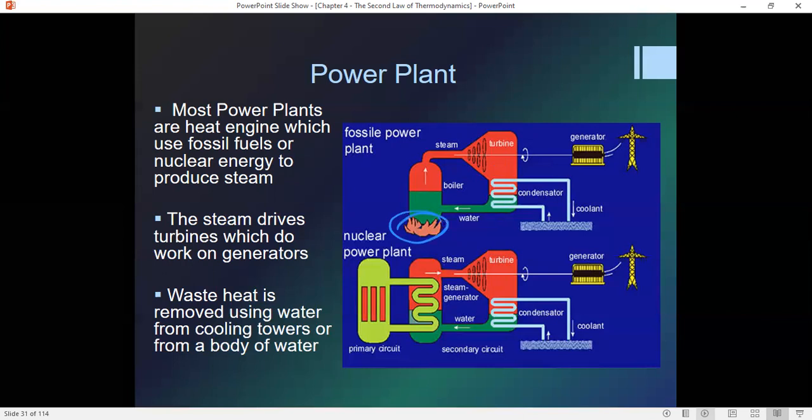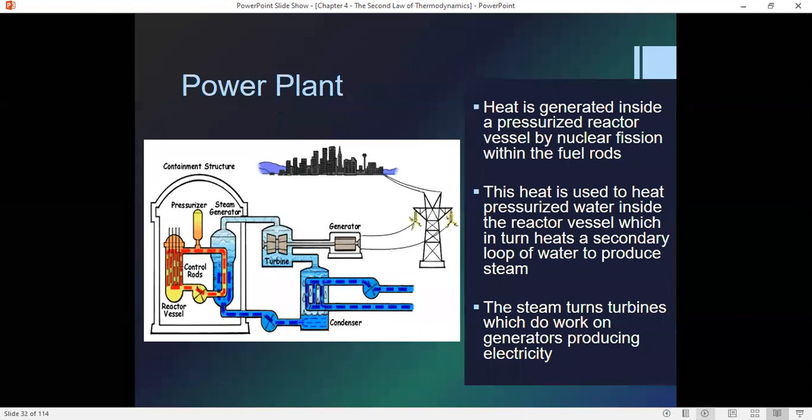It can be a nuclear power plant or nuclear fuel or nuclear reaction is generating heat. But in either case, the process is pretty much the same. The power plant generates steam. The steam's energy drives the turbine, drives the generator, and the generator turns the work into electricity.